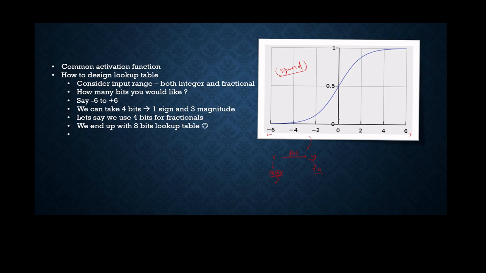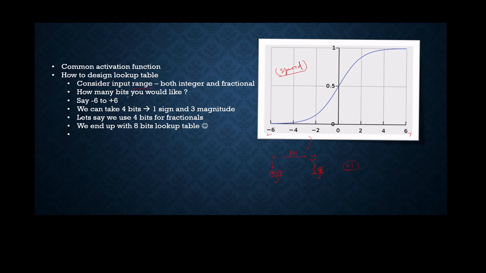There's not even a sign bit needed, so you could just have the magnitude. But because this could go to +1, that would need 2 bits for us. So that's why we chose 2 bits here and 4 bits of fractionals, because we hope that's enough. If that's not enough, we could always make this bigger, like 2.6 or 2.8, and so on.